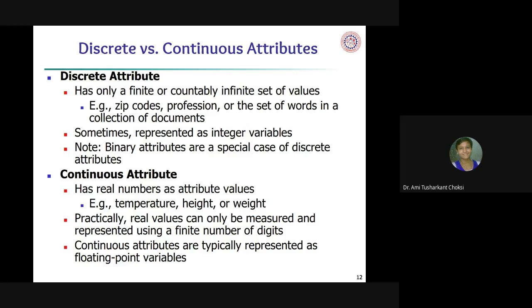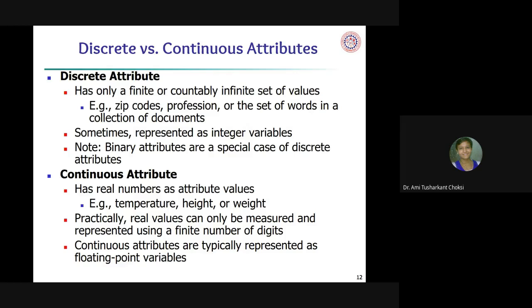Countably infinite: we are not considering 1, 2, 3, 4, 5 up to infinity, but countably means there is some limit. So a discrete attribute has only a finite or countably infinite set of values.